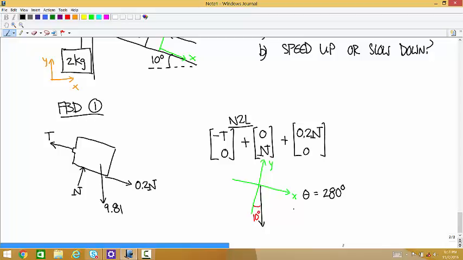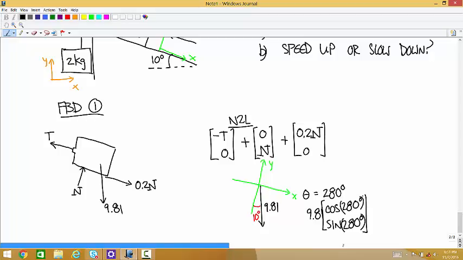And so, let's see. The magnitude is 9.81. So the vector is 9.81 times the cosine of 280 and sine of 280. Can someone calculate this?